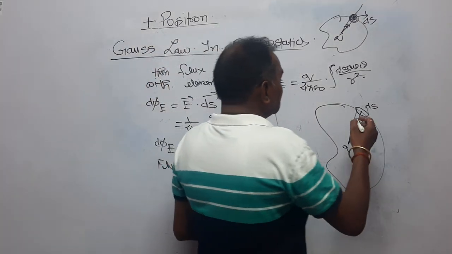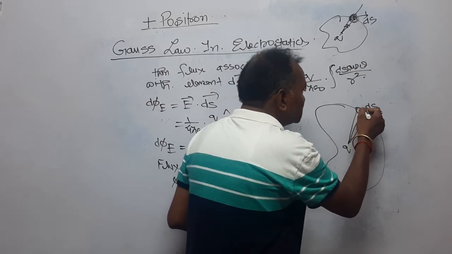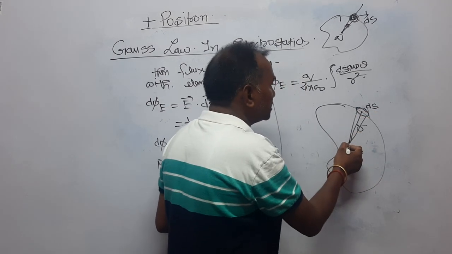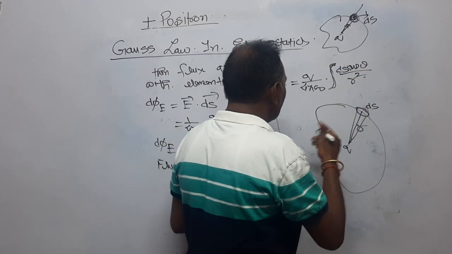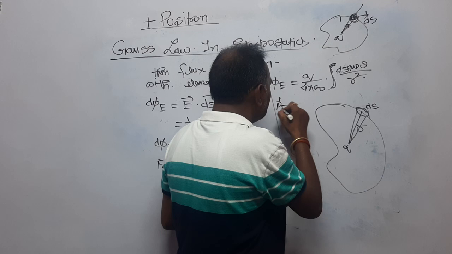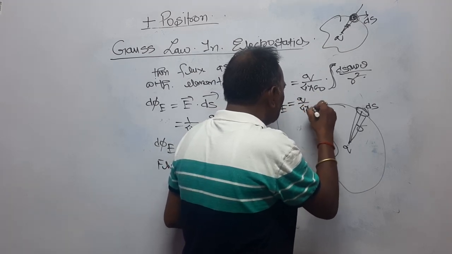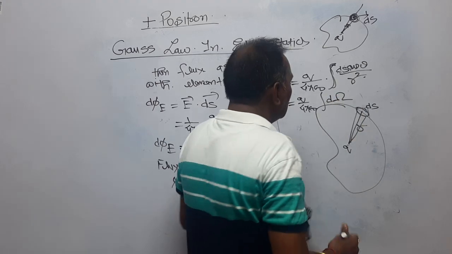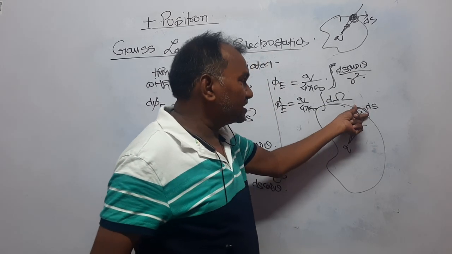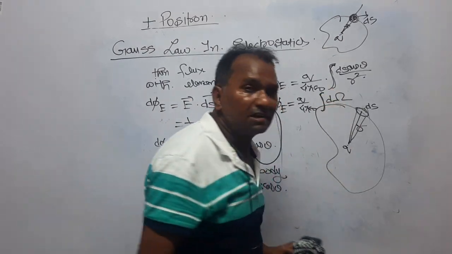Now, ds cos theta upon r square is the solid angle subtended by this area element at charge q, but it is an integral of ds cos theta upon r square. You might write it like this: phi e is equal to q upon 4 pi epsilon naught times the integral of d omega. d omega is the solid angle subtended by ds at q. Now, dear students, you are considering the integration.